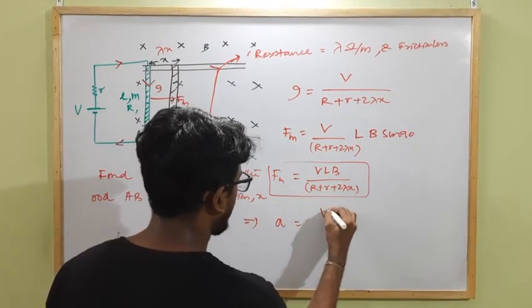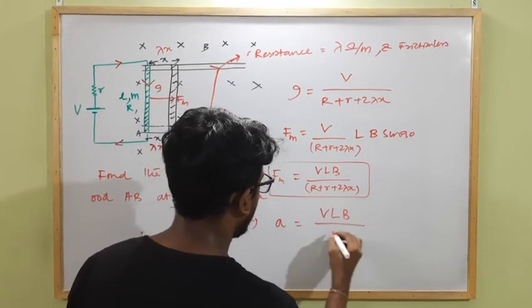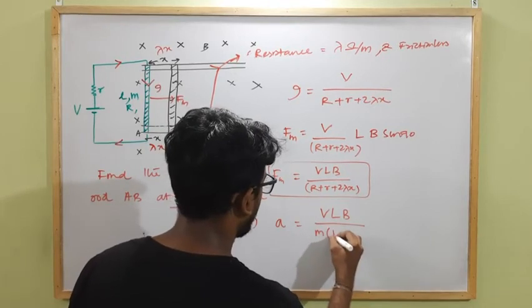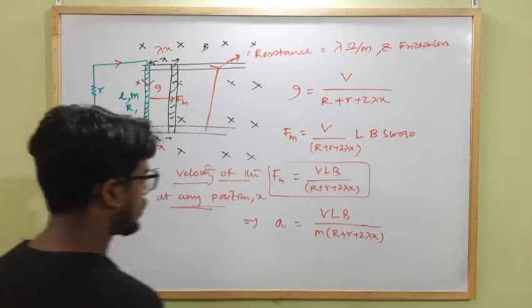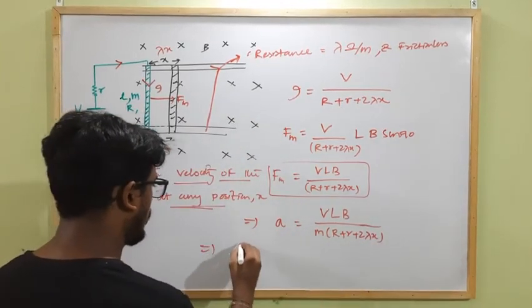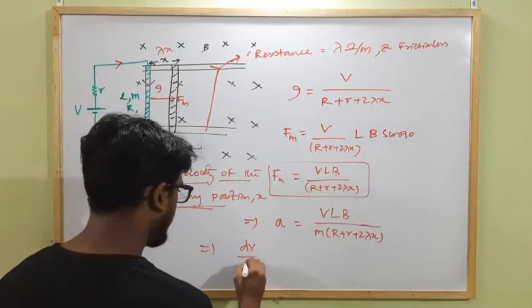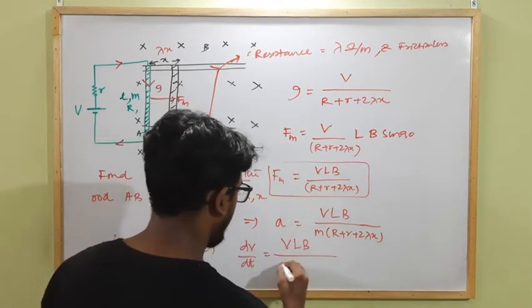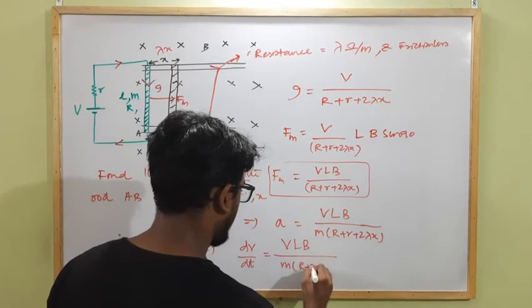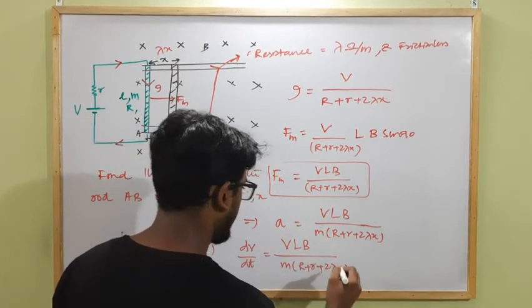Acceleration equal to how much? VLB divided by M into R plus 2 lambda X, and again we can write acceleration equal to dv by dt, which is equal to VLB by M into R plus 2 lambda X.